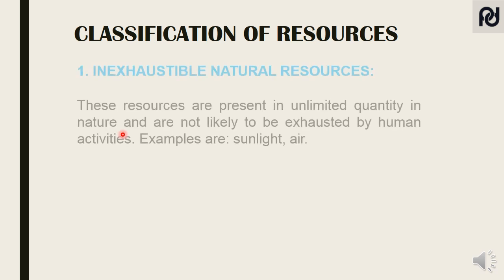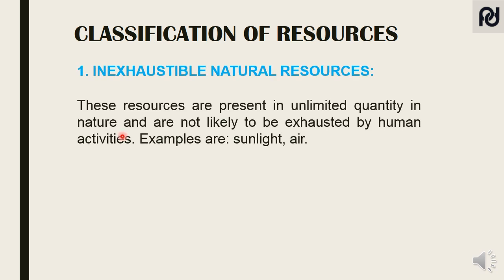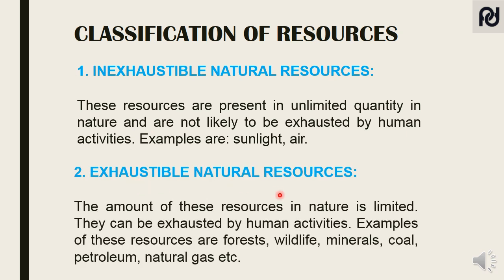So after revising all the things, we will now begin with our next segment, that will be the classification of resources. Now, all the resources are divided into two types. One is inexhaustible natural resource and the other one is exhaustible natural resource.